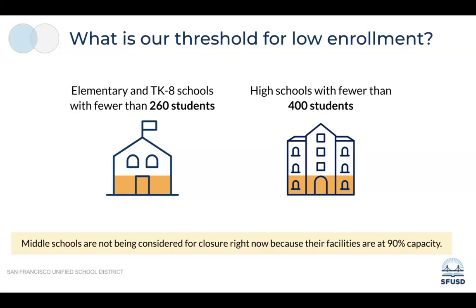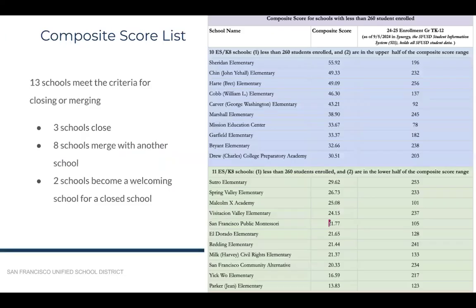咁目前我哋就唔去睇初中，因為初中起碼到佢最盡嗰個人數嘅90%，所以唔影響。And so some of you may have seen this list. And so this is the list of schools that are potentially closing. And so we're looking at the green section.